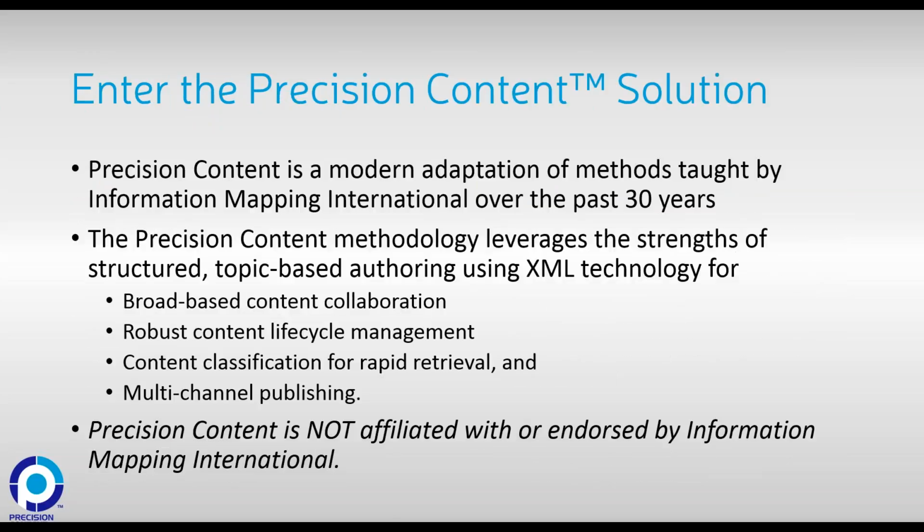So this is where our solution comes in. We've looked at the information mapping methods, and we've adapted them to better suit structured authoring in XML for better collaboration and content lifecycle management.